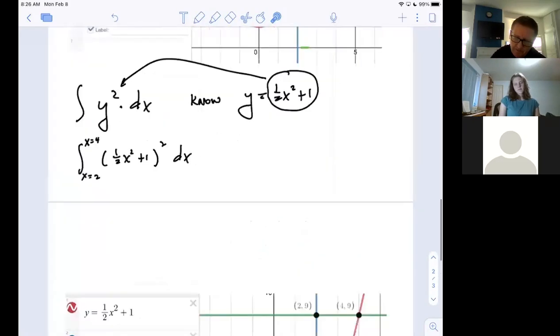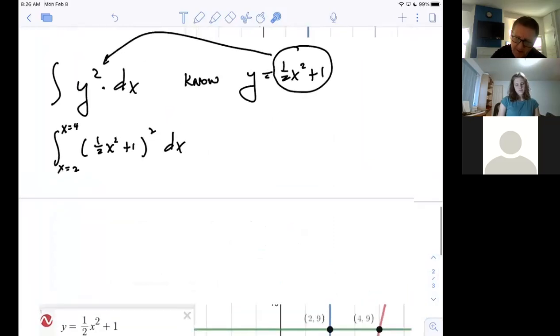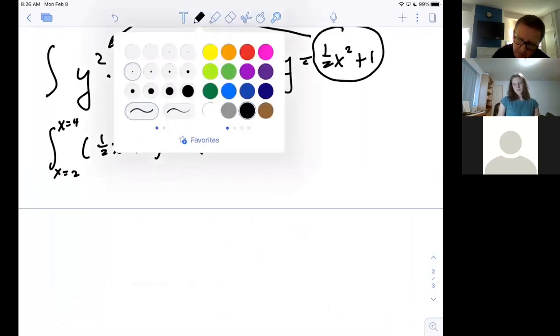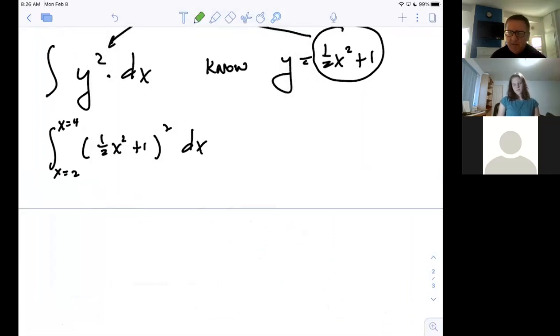Let's see. Well, I think the easiest way would be actually to square this out. In other words, that integral is junk squared. I could let u be equal to 1/2 x squared plus 1, but I'm thinking, why don't I just square it out? Then there is not a function inside of a function.